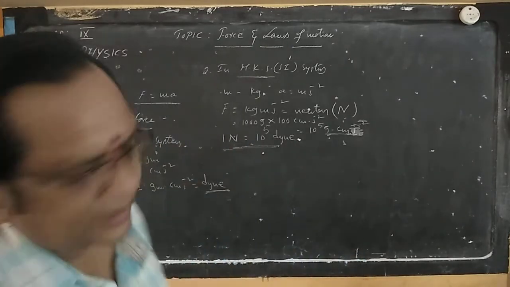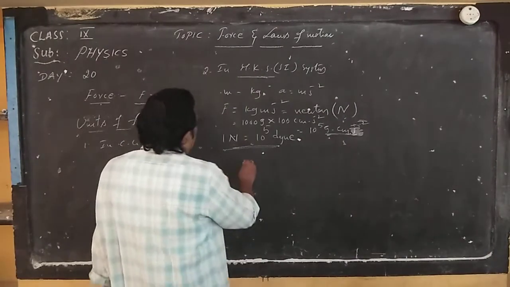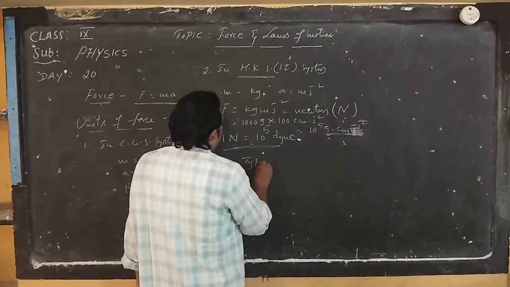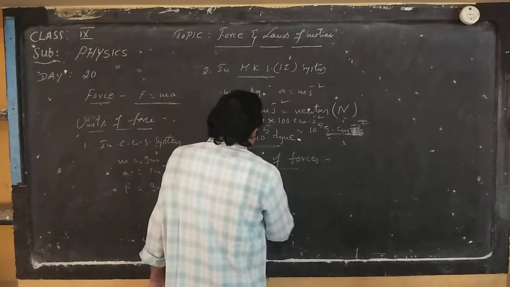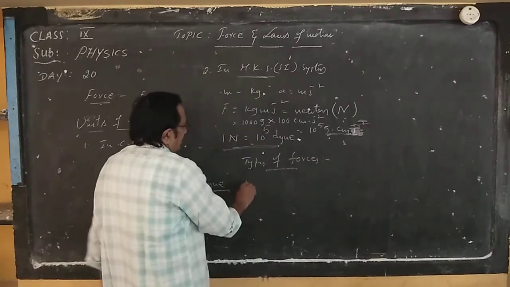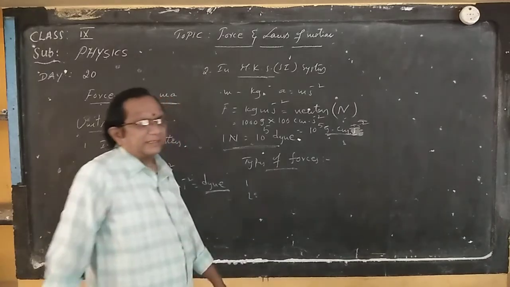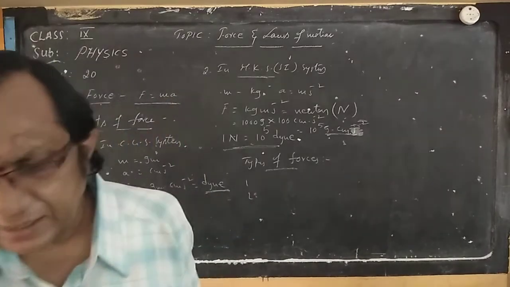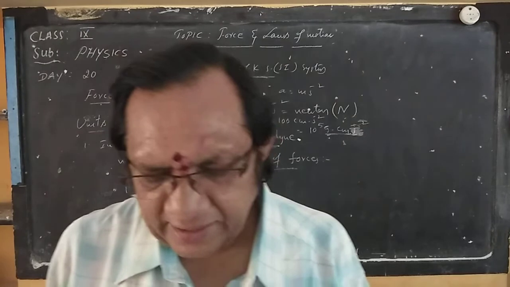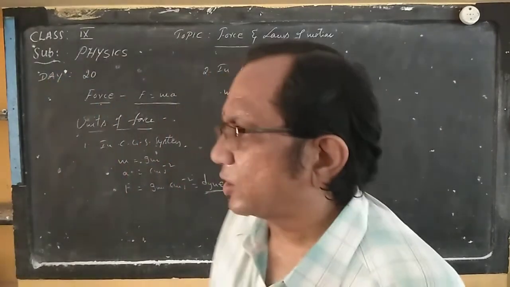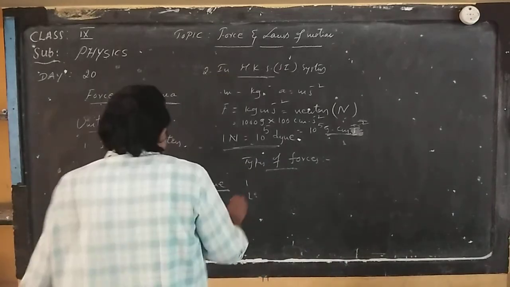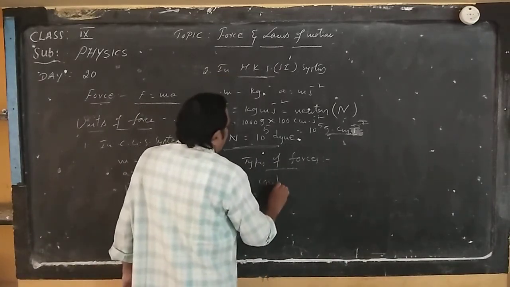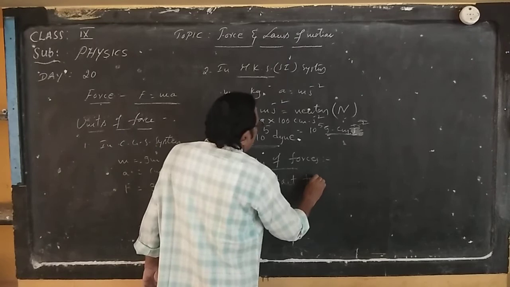Okay. Now types of forces. Here different types of forces will be there. Mainly these forces are classified into two types. One is contact force and another one is force acting at a distance. The first one is the contact force. When two bodies are in contact, that is said to be a contact force.